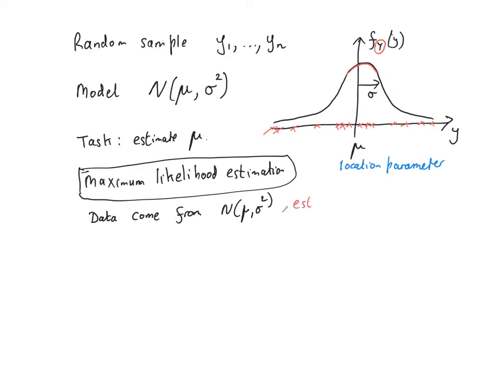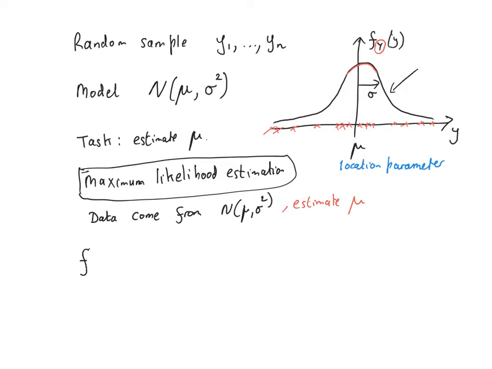We need to write down, first of all, the probability density function of each data point. So we need to write down a probability density function for that curve. We need the formula for that curve.